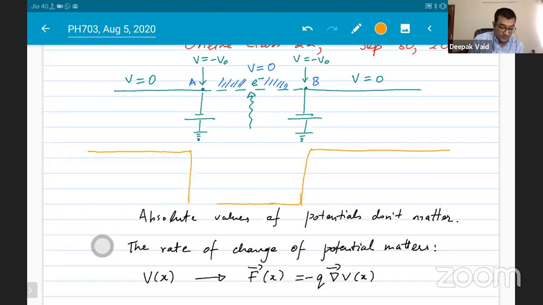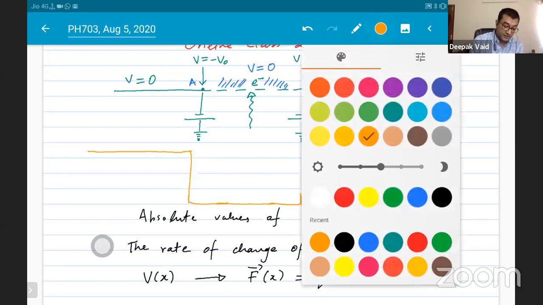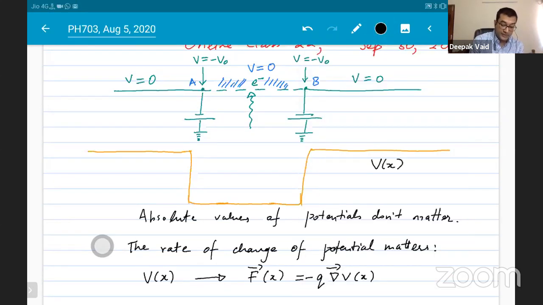So it looks like this. This is what your potential function is as a function of position. So this is position, and this vertical is your potential.